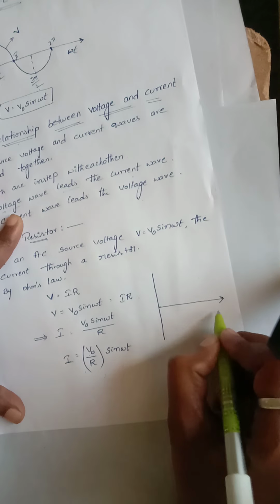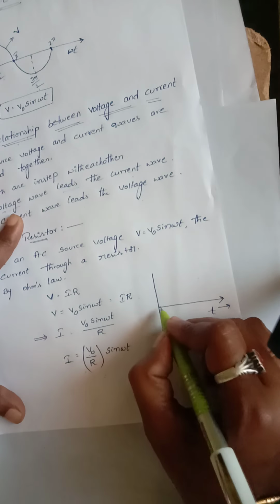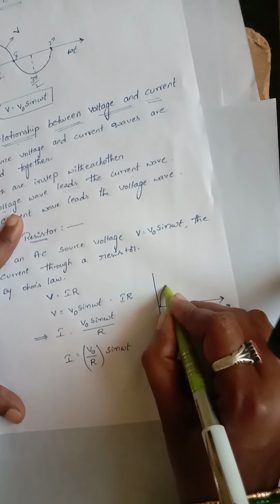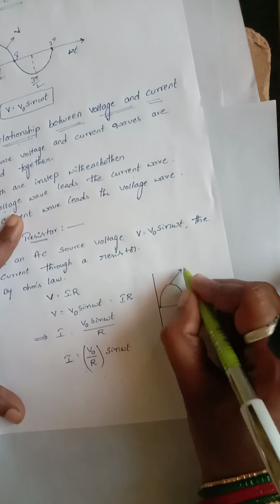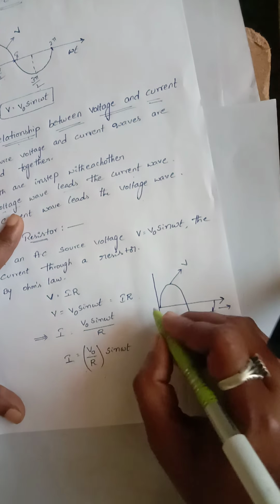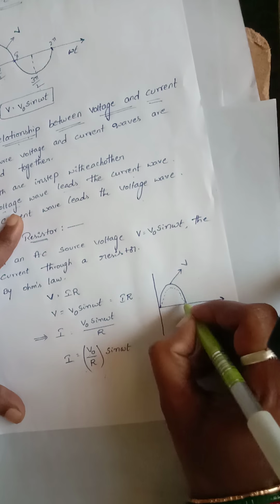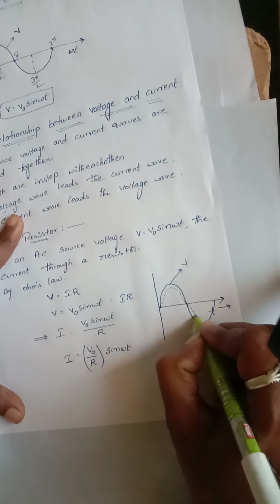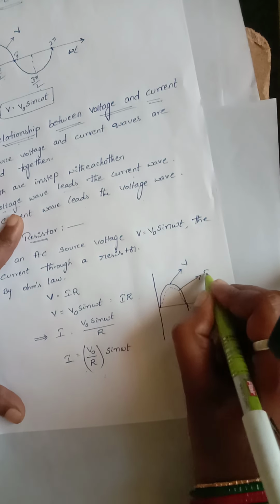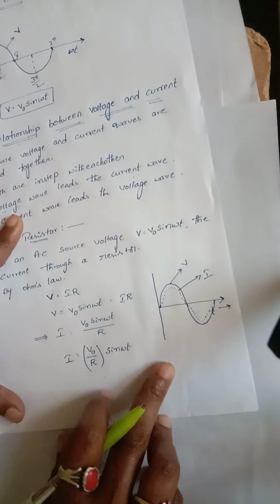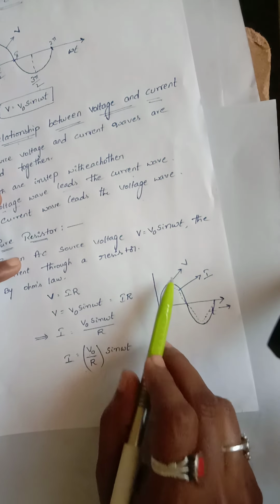This is the graph representation, with time on the x-axis and voltage or current on the y-axis. This is the voltage wave, and this is the current wave I. It represents that both current and voltage are in phase.